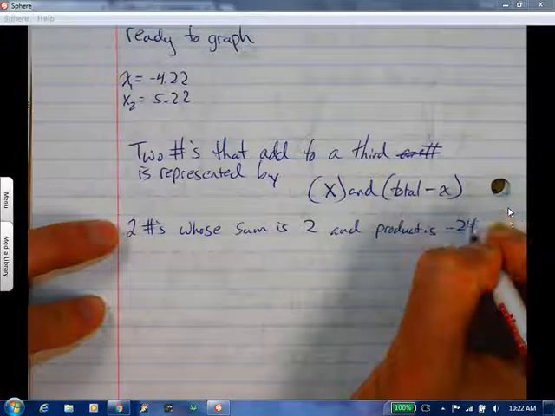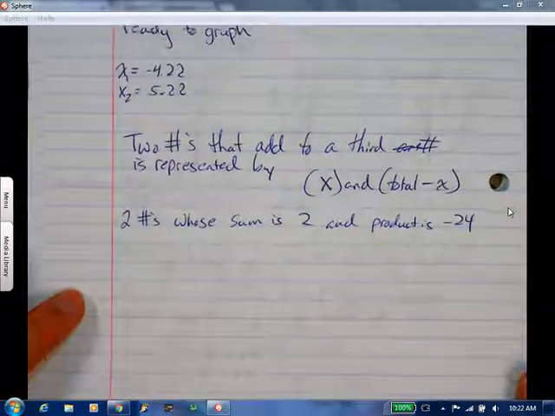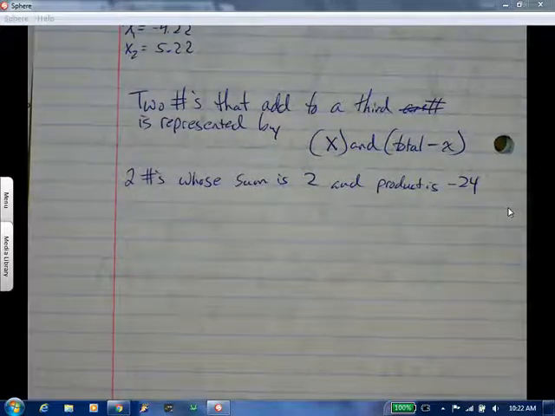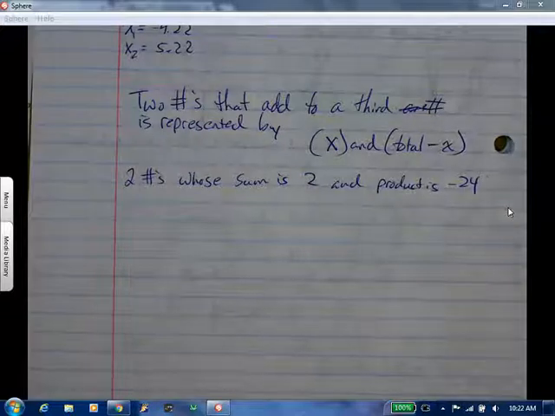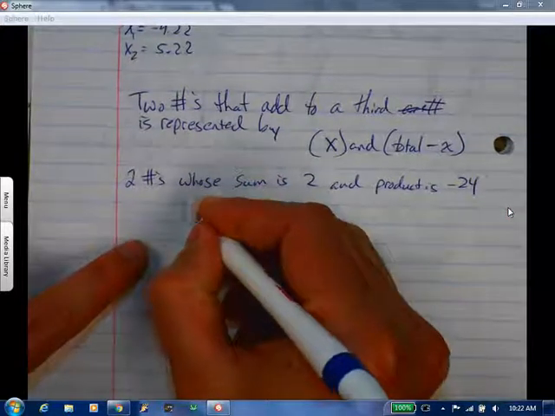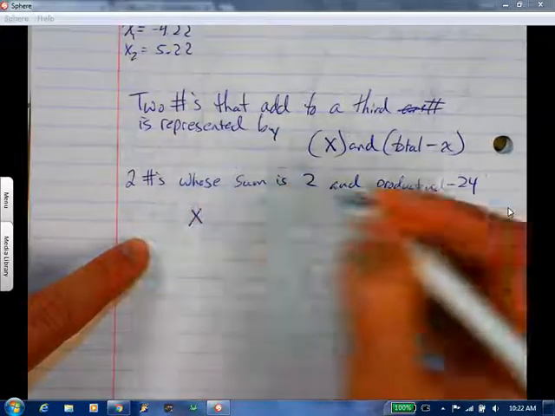Okay, so here's the question that they gave us. 2 numbers whose sum is 2 and product is negative 24. Two numbers whose sum is 2 and the product is negative 24. If the first number is x, how do I represent the second number?